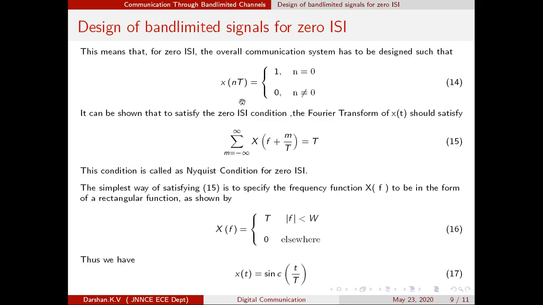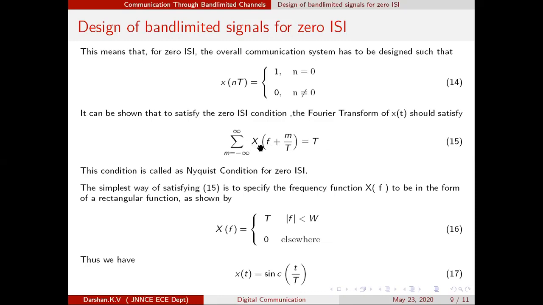So to summarize, for 0 ISI, equation number 14 is the condition. To make equation number 14 happen, the Fourier transform of x of t should satisfy this condition, that is equation number 15: the summation of X of f plus m by T is equal to capital T. This condition should be satisfied.